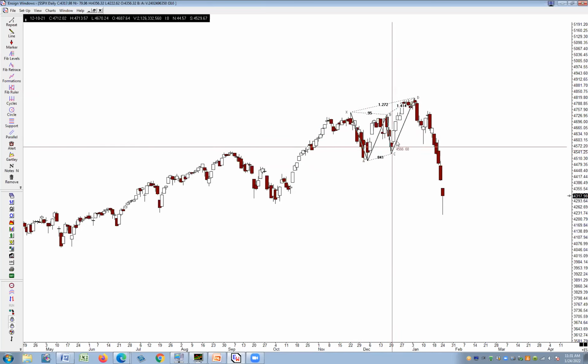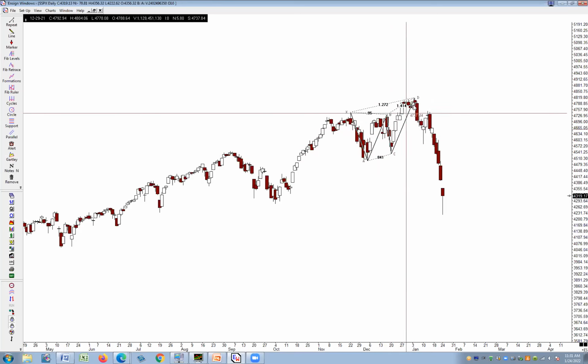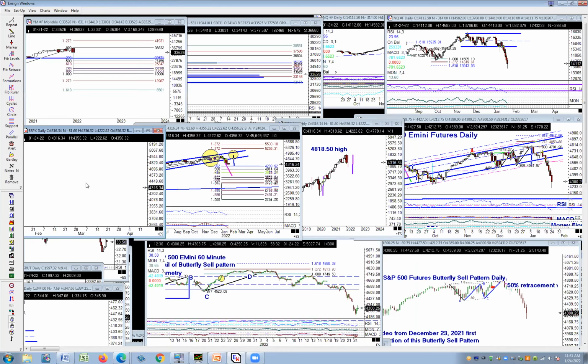Now here, because we can extend our D point early, even as soon as these bars turn up, we can start to monitor this as a pattern. Then you can draw this in and find out where those price points are, and then you can plan whatever you need to be planning in advance. So I just want to show you on that chart that that's how we draw them out.